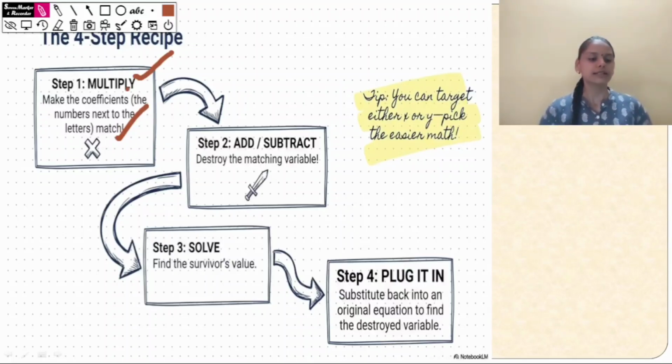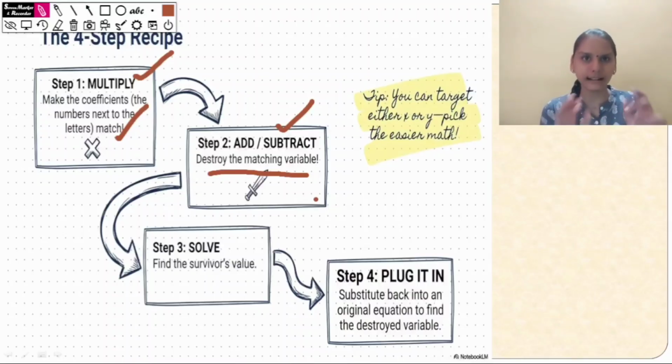The second step is add and subtract, to destroy the matching variables. You will multiply one of the equations with a number which can match the second equation. I know if you're not able to understand, have patience, you'll get it, because it's the first time you're learning it.